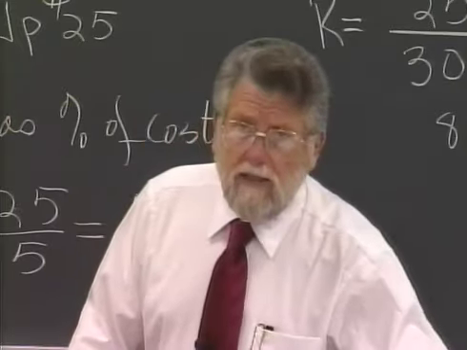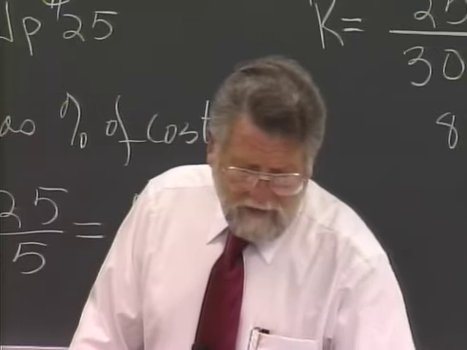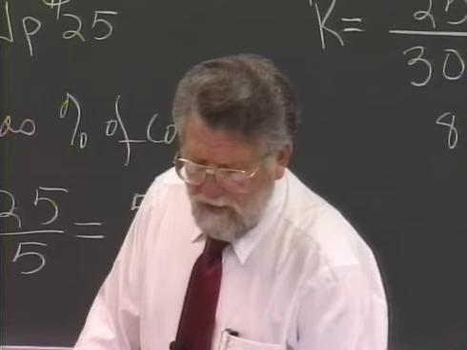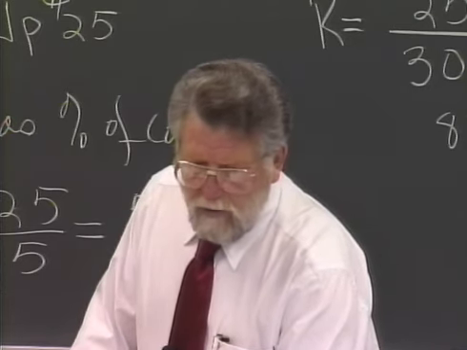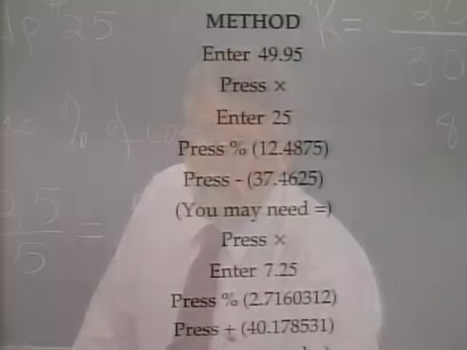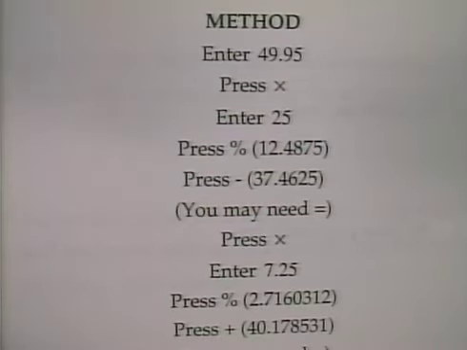And I do need to have you have this calculator by the next meeting, if you don't already have it, because the method that we're going to follow is right here, where you start with the $49.95.